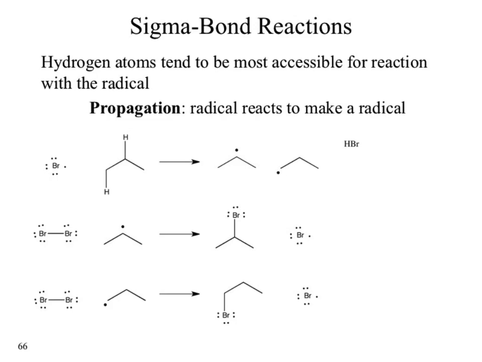Radicals are insanely reactive, right? Is it going to spend its time to get by the outside of the structure to get to the inside? No. So it reacts with the surface. It's going to react with hydrogens. Right? Are the hydrogens all the same on that structure? No. Both of them are possible, so both of them could generate radicals.